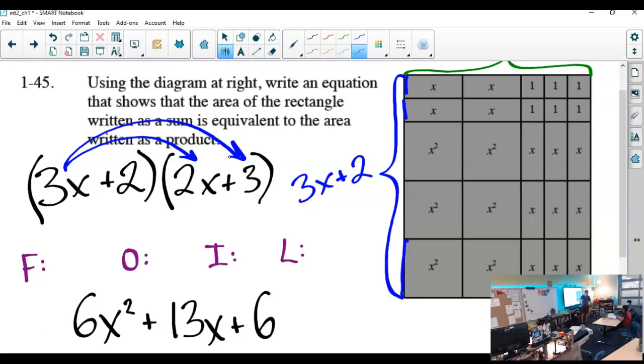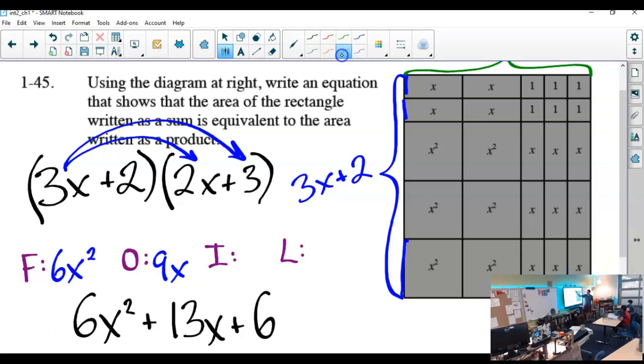So what's 3x times 2x? 6x squared. 3x times 3. 9x. Now that is our outsides. So outside, 3x times 3, 9x.